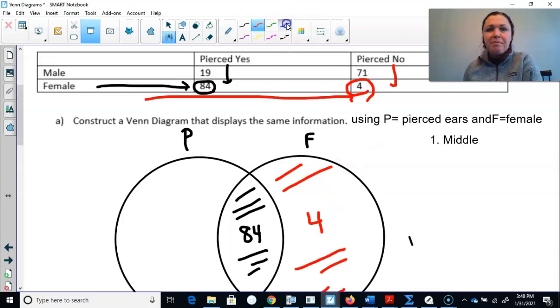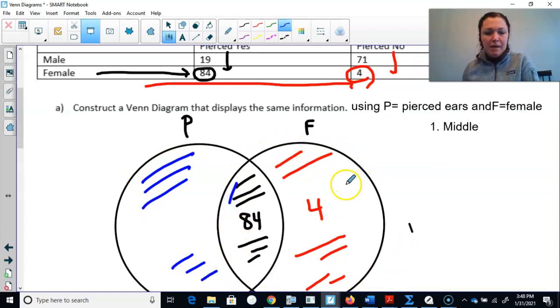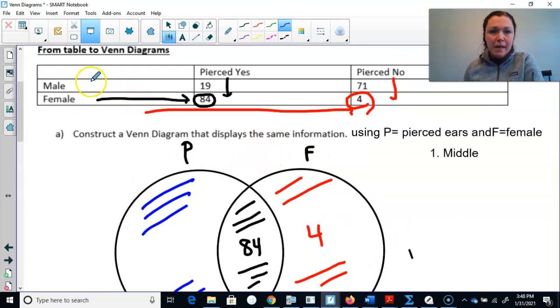Next over here, these are people who identified as having a piercing, but not as a female. So that would be the males, identified as having a piercing and being a male. That's 19.